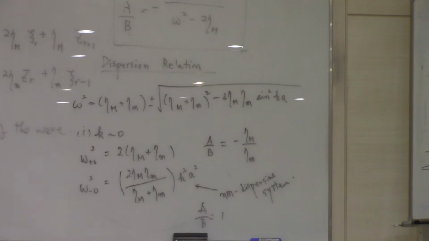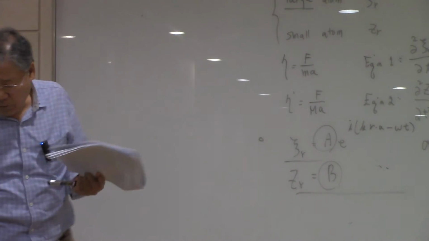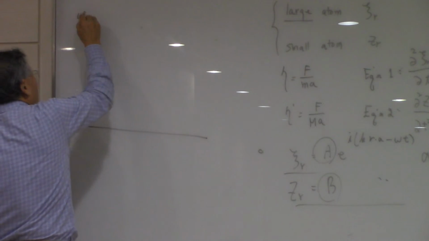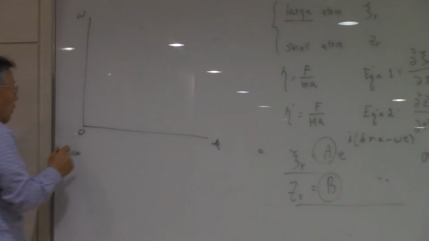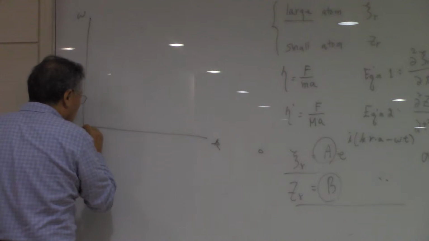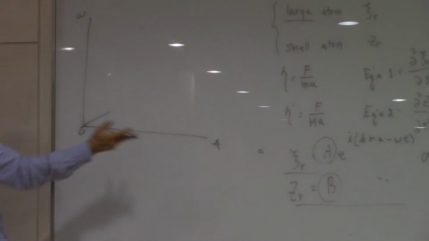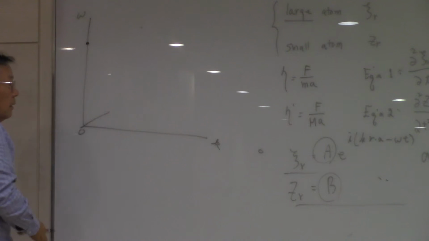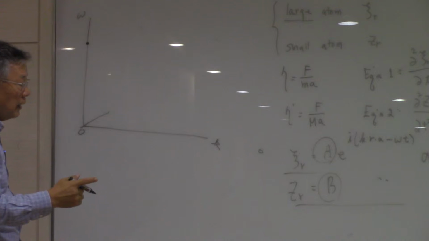So just looking at that, we can see that in dispersion relations, omega versus k, when k is equal to 0, nearby the 0, we have one is the acoustic wave, straight line, non-dispersive system, and then the other one is somewhere around here, where the omega value is what?